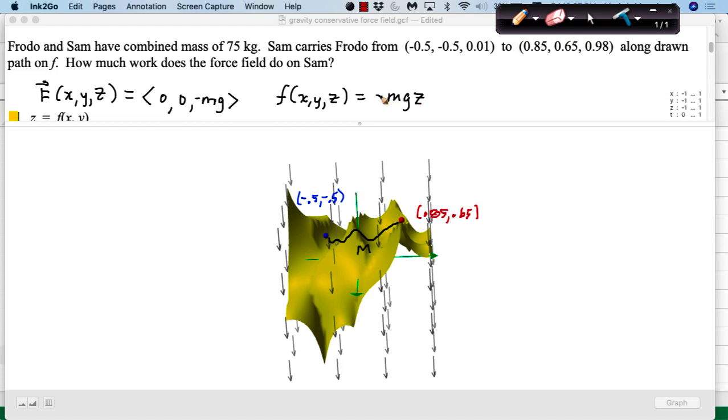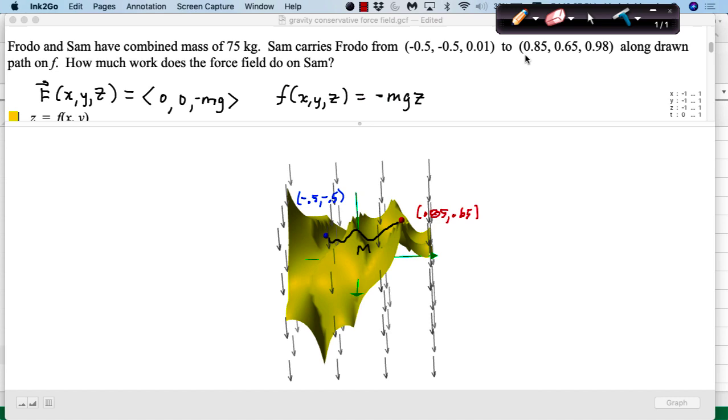Partial with respect to x is 0, partial with respect to y is 0, partial with respect to z is minus mg. So it is a conservative vector field, and conservative vector fields are, what did we find out today? Path independent. So we're not going to use this path, right? Very wisely, we're not going to use that path.